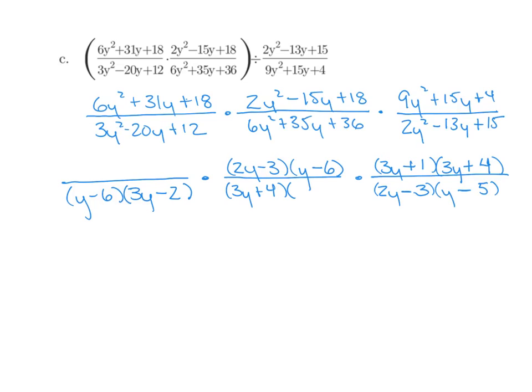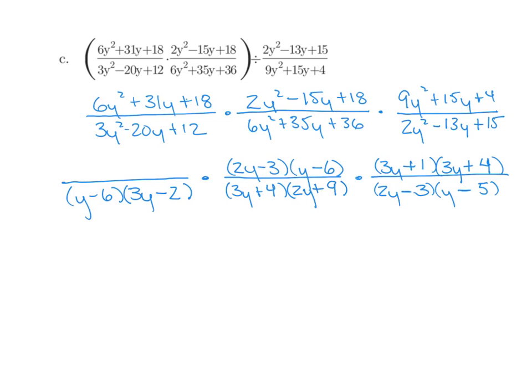So 6y squared, this is going to break down to 3y and 2y. 36 breaks down to 4 times 9. We have same signs, both are positive. And so we get our other factor is going to be 2y plus 9. If we do a quick check, outsides we get 27y, insides we get 8y, and 27y plus 8y is equal to 35y, so we are good there.